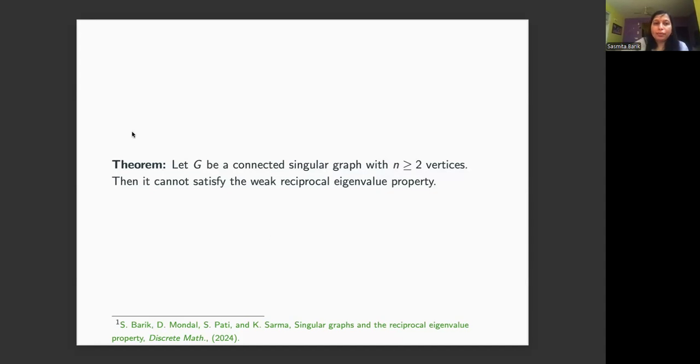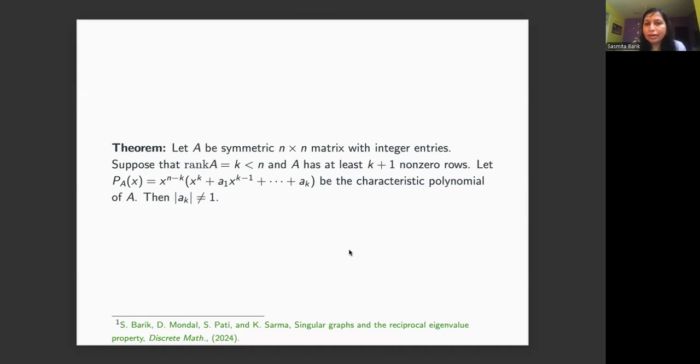So this problem ended here, and then one nice observation came out that I would like to mention. When we considered these singular graphs, that means AG is singular, and we took the rank as k, and we looked at the last non-zero coefficient that was not plus 1 or minus 1. But our matrix is in that case a 0, 1 matrix, and it's a symmetric matrix, right?